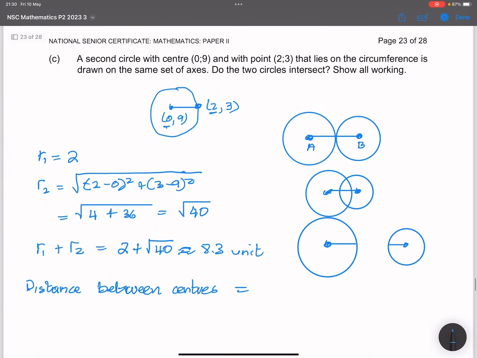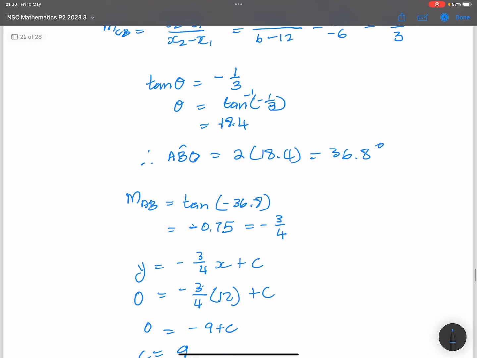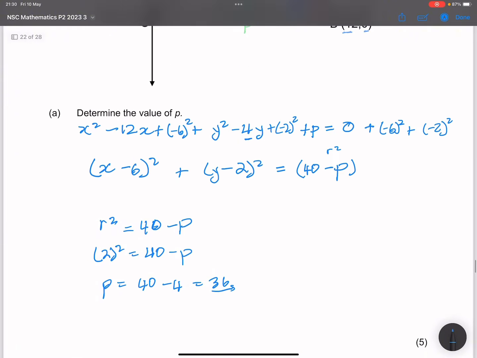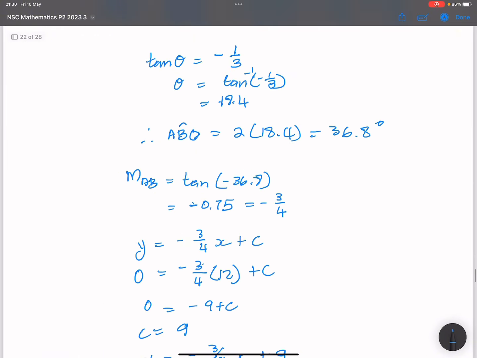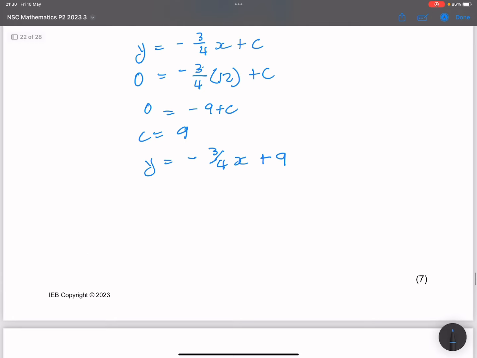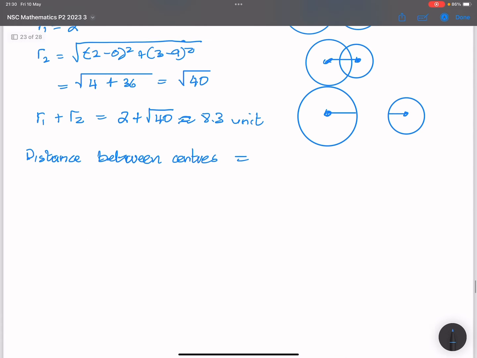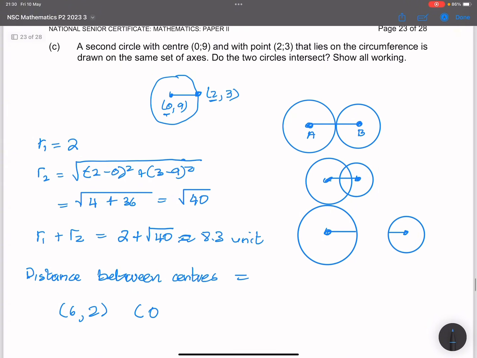So our first center is 0 and 9. The other center of the circle is our previous center, which in this case was 6 and 2. So we've got center 6 and 2, and another center which is 0 and 9.